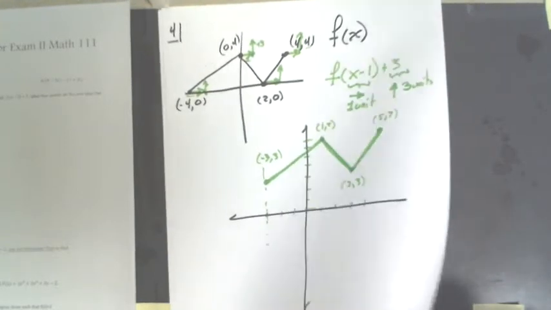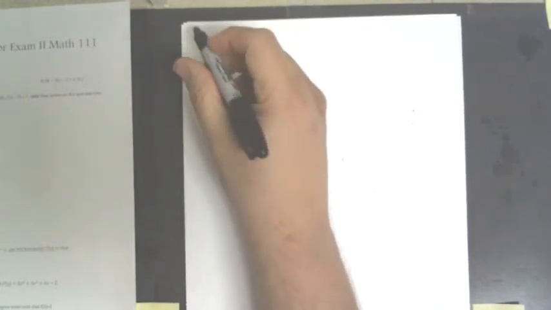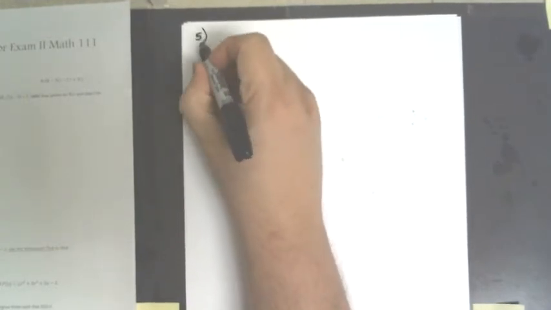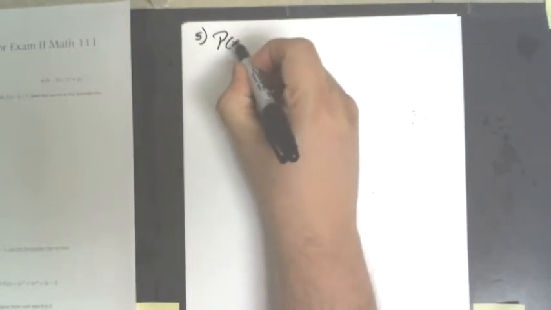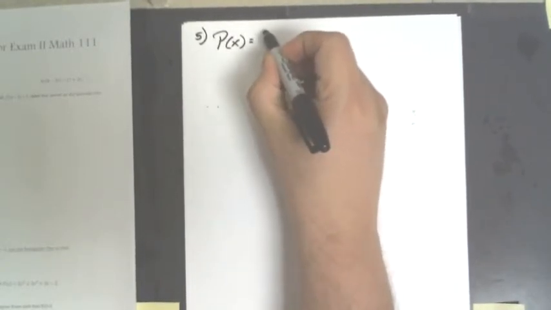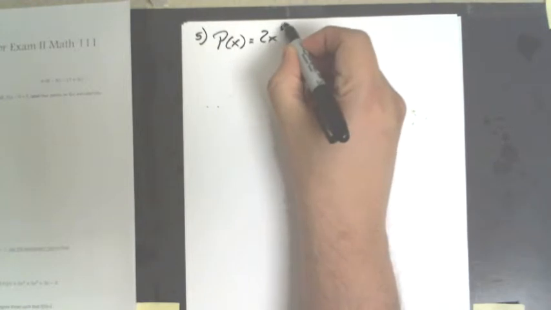Okay, I think I have time on this video to do number 5 real quick. 5 is a problem to be careful about because you're asked to use a very specific tool. Whenever you're asked to use a very specific tool, be sure you use that tool. I had an instructor once that had an analogy.